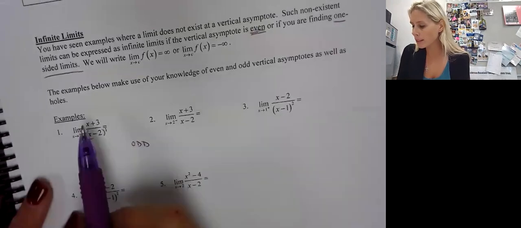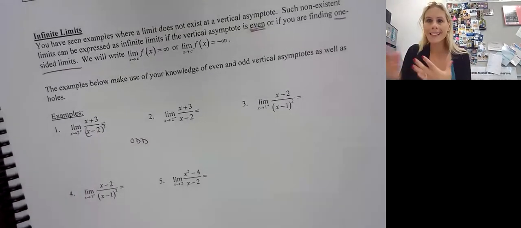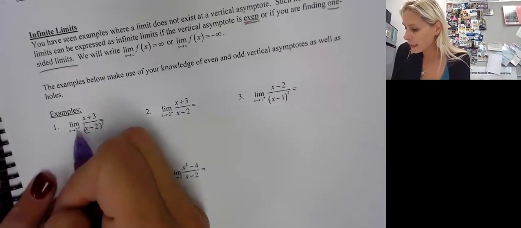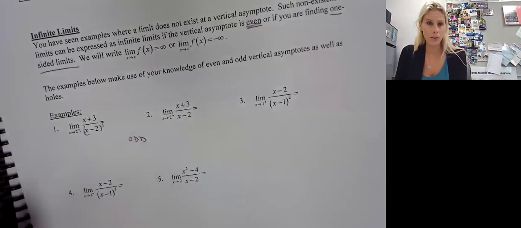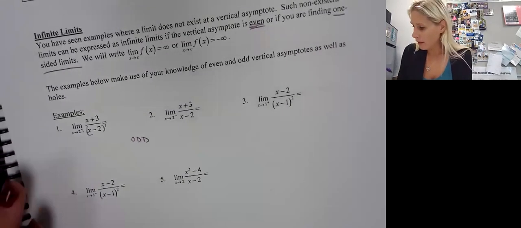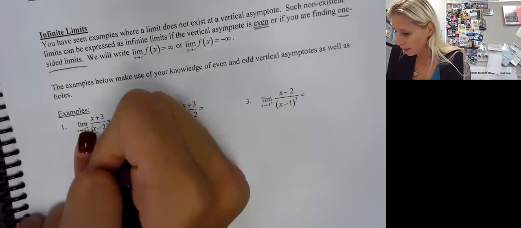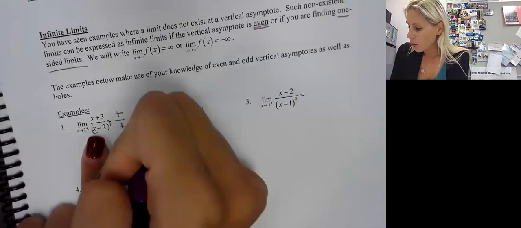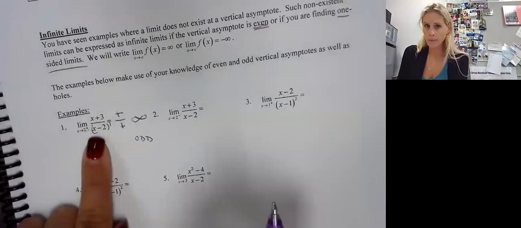I say that because if we plug in 2, I get 5, and that doesn't help us at all. So since it's on the right side of 2, I'm going to plug in a higher value, let's say 3. If I plugged in 3, I would get a positive 6 over a positive 1. So that means we are going to a positive infinity.